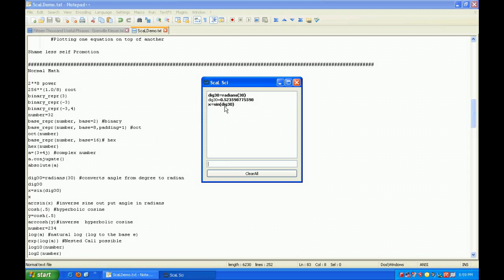So that's sine 30, and if we inverse it, these are the functions that are there. Let's stick to inverse of sine for now. It gives us angle in radian.